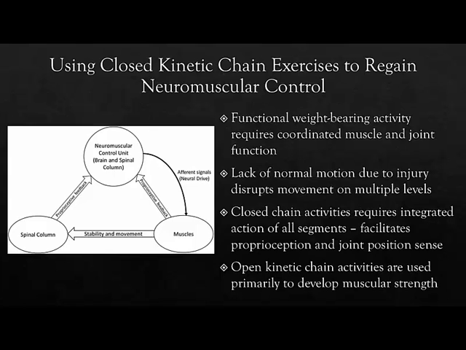The lack of normal motion secondary to injury in one joint will affect the way other joints or segments move. To perform this single step in a coordinated manner, all of the joints and muscles must work together.